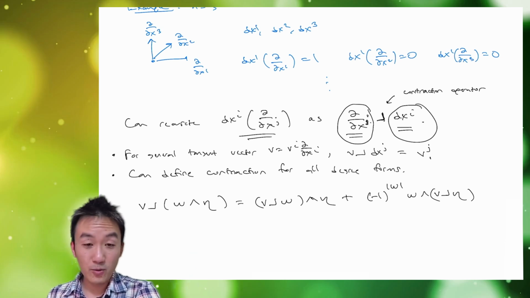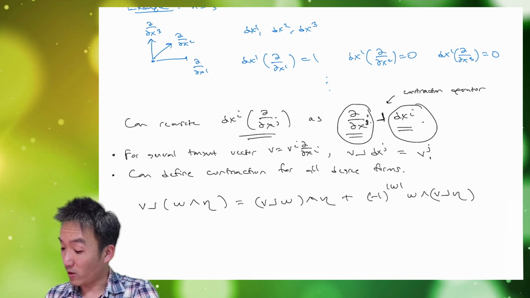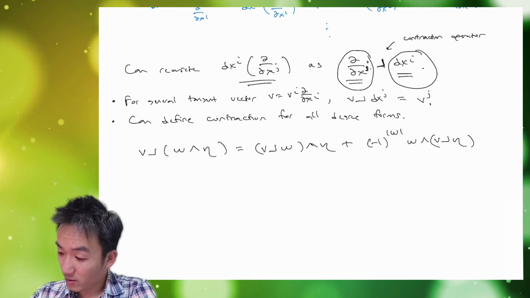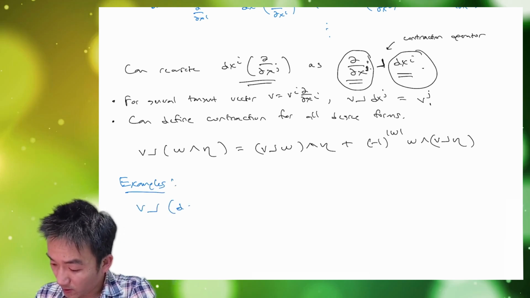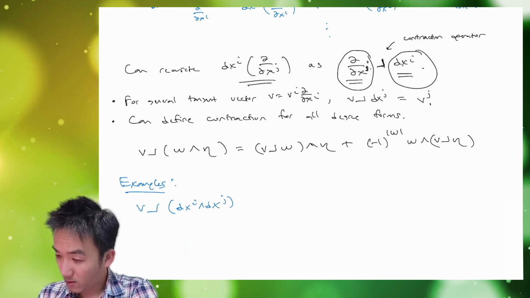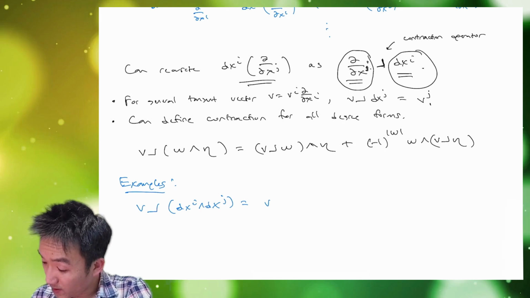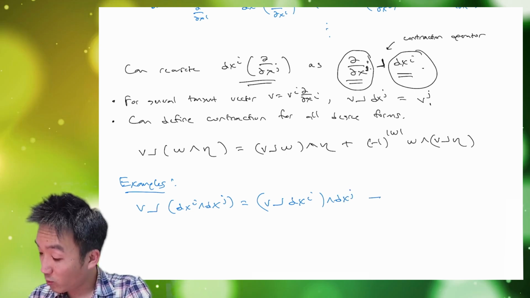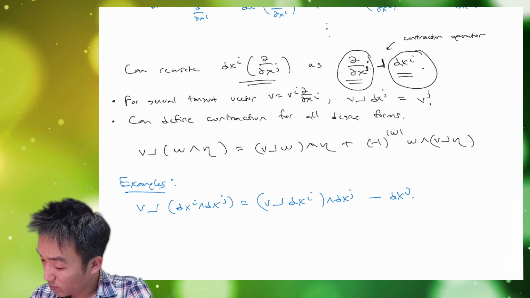Okay, let's just do a computation because I think it'll be a lot more clear. This is maybe a bit abstract, so let's just do an example. So if I do v contract with dxi wedge dxj, well, that's by the above formula, v contract with dxi, wedge dxj, minus, because dxi is a 1 form, so it's degree 1, which is odd, minus dxi wedge v contract with dxj.